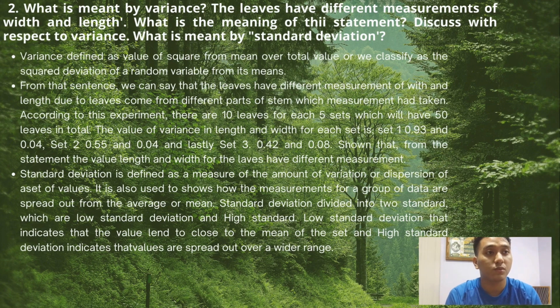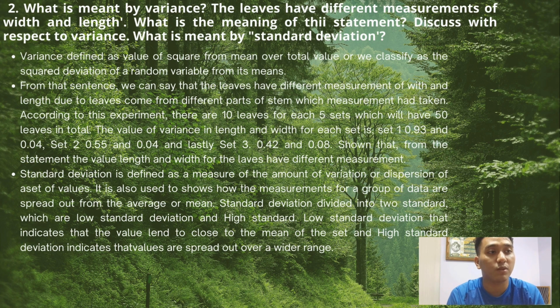For question 2, variance is defined as the value of squares from the mean over the total value, or we can say the squared deviation of a random variable from its mean. From this, we can say that the leaves have different measurements of width and length because the leaves come from different parts of the stem where the measurements were taken.